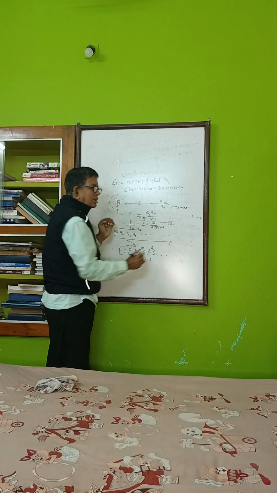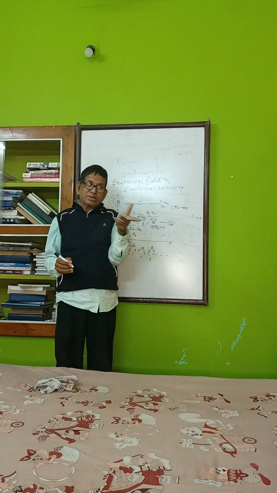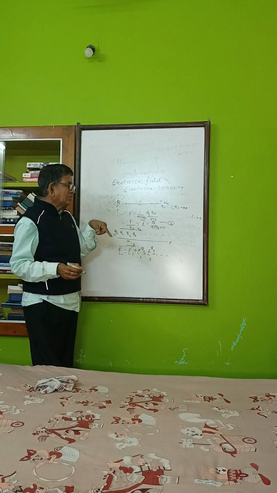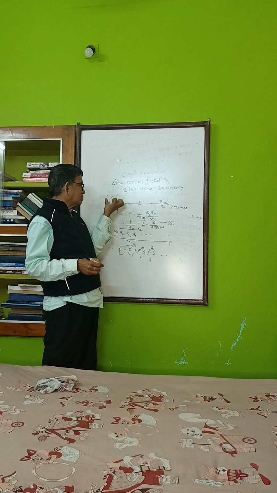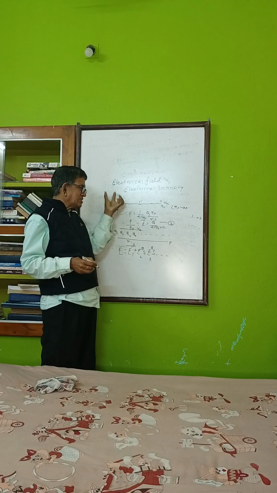You add all of them using vector addition. Again I am telling you, this is the source charge, which creates the electric field.